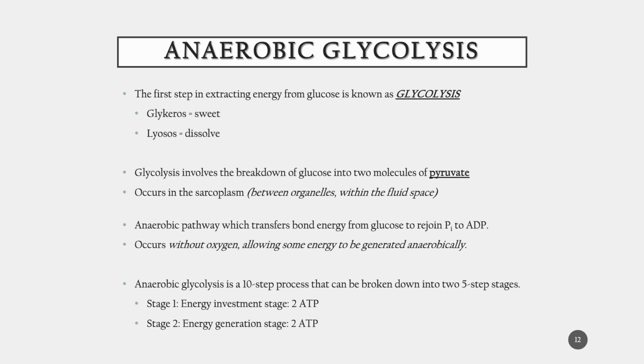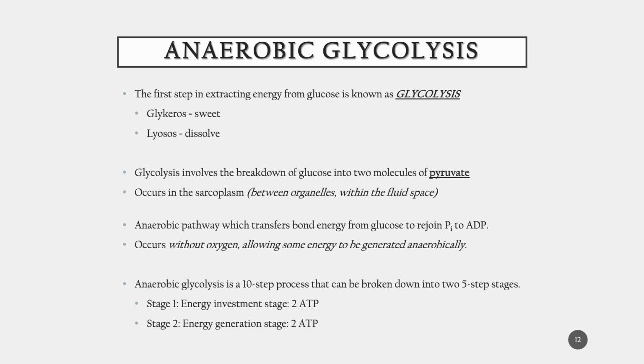So this can occur without oxygen, allowing some energy to be generated anaerobically, but not a lot. Remember, anaerobic is more the high intensity, so we don't get a whole lot of energy formed while we are performing. Why? Because it's high intensity activity and we need to use the energy for performance, not using energy to reform new ATP molecules.